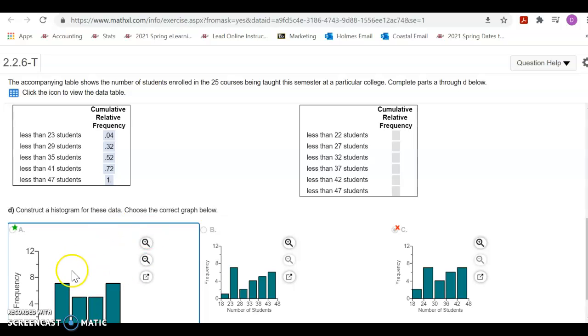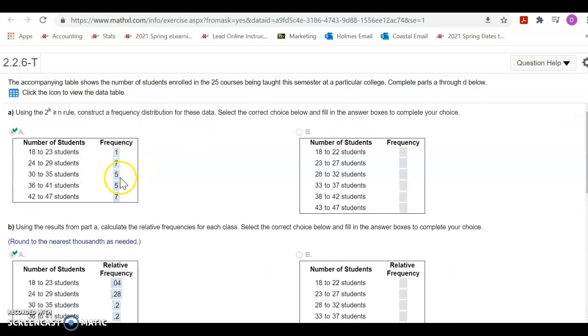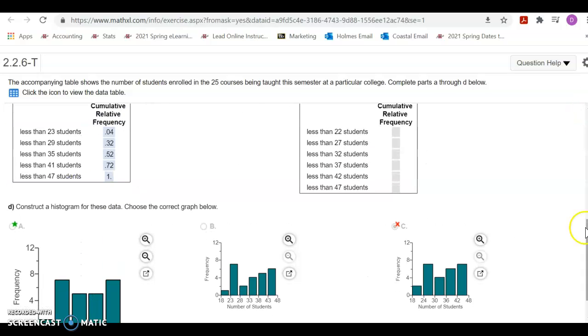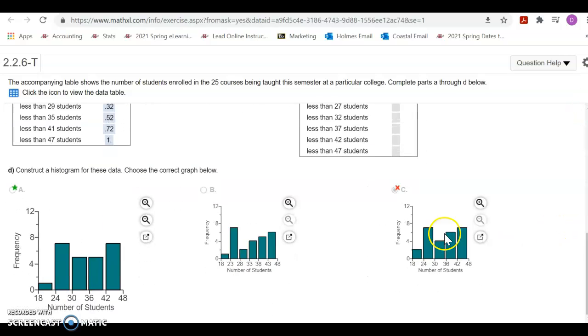And if you need to even look closer to see, it wouldn't be this one because these two should be exactly the same, because look up here, 5, 5. The 3rd and 4th class should be the same, and the only one where the 3rd and 4th class is the same is the first one.